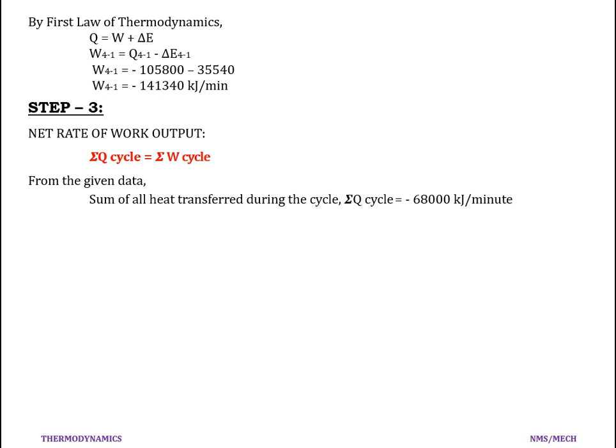We studied that however much heat we supply, it becomes 100% work in a cycle. So from the given data for a cyclic process, summation of Q cycle equal to summation of work output cycle. So the sum of all heat transfer during the cycle is calculated as minus 68,000 kilojoule per minute. This is from the given data, delta Q cycle. So this value is also equal to delta W cycle.